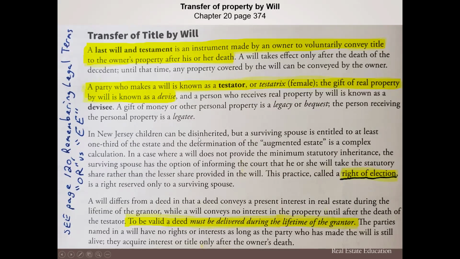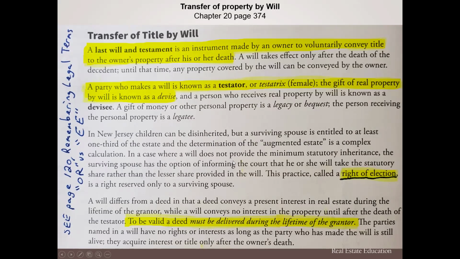In New Jersey, children can be disinherited. So be good to your parents, but not just for that reason, hoping they give you something. But a surviving spouse is entitled to at least 1/3 of the estate. And a determination of that augmented estate is a complex calculation.